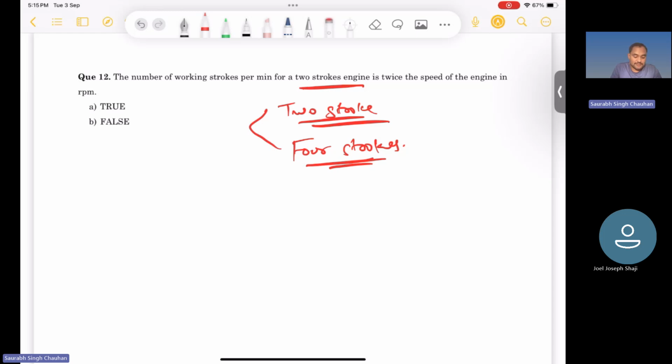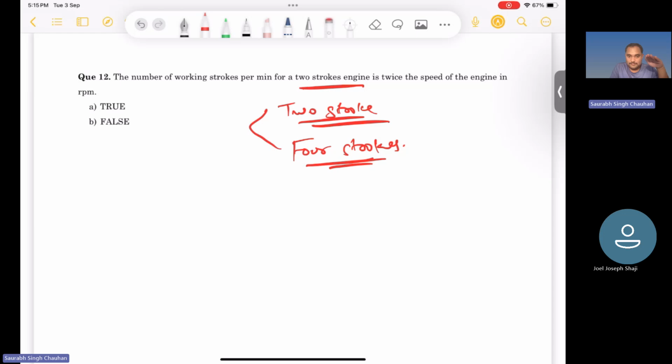So what is the difference between two-stroke and four-stroke? For one complete cycle, there are four steps: compression, combustion, expansion, and exhaust. One stroke means when the piston moves from one dead center to another dead center.